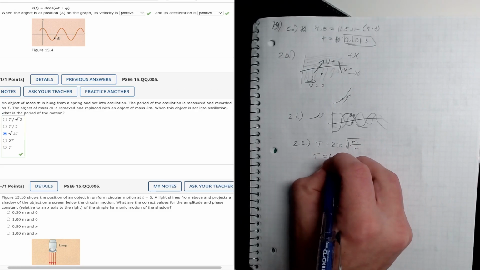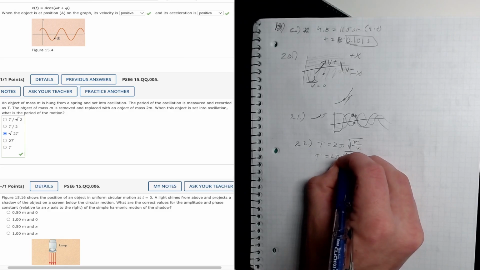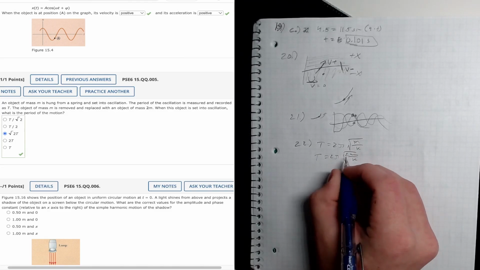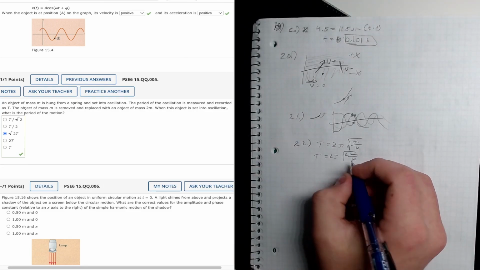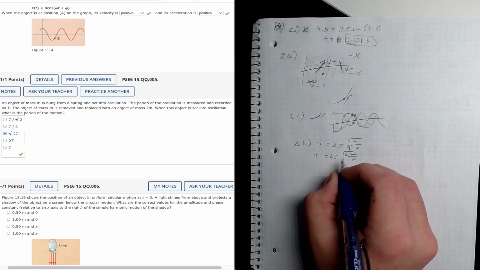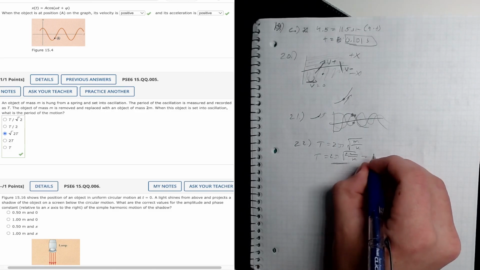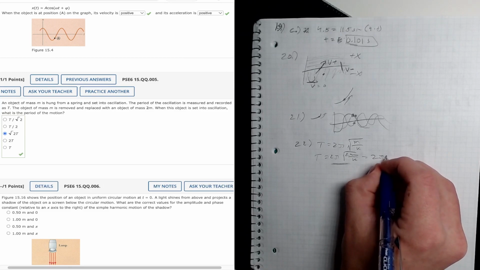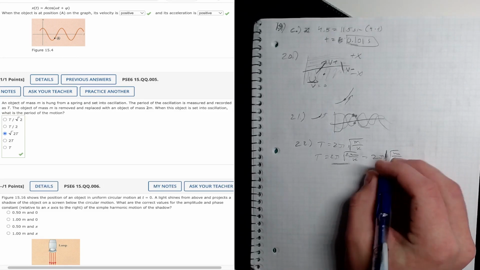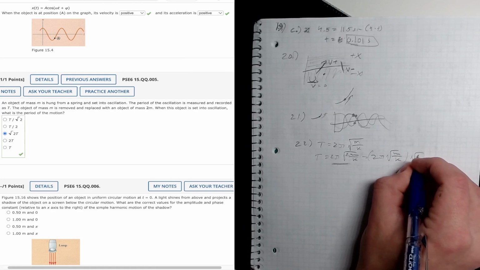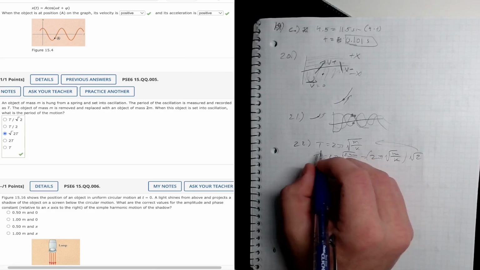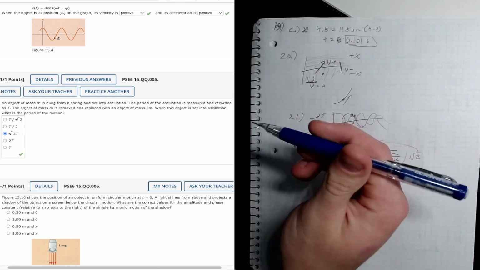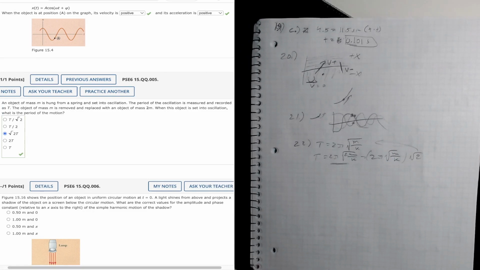So with 2m over k, that means this equals 2 pi over square root of m over k times square root of 2, which is square root of 2 times this value of T, so therefore it would be square root of 2 T in that condition, if the mass is doubled.